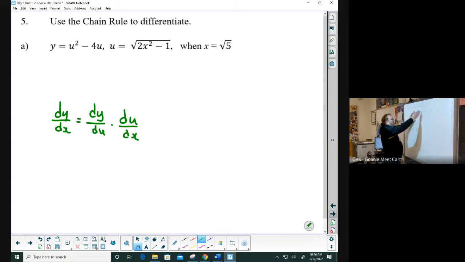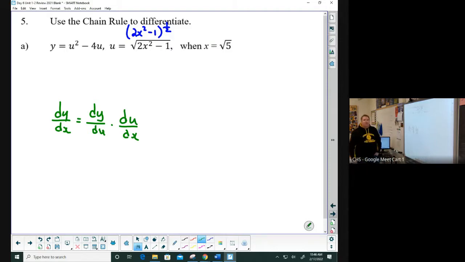So here's a function, here's a function. The u function is to the square root. So I'm going to change that right now to the 1/2, much like we did in number 4. So when I come to differentiate that, it's going to be a little bit easier.